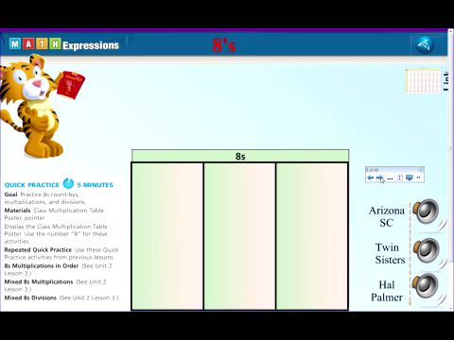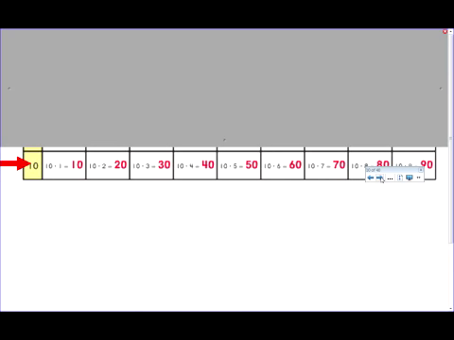Next, besides practicing the square numbers, you need to practice, especially for today's lesson, the tens. So count with me. 1 times 10 is, 2 times 10 is, 3 times 10 is, 4 times 10 is, 5 times 10 is, 6 times 10 is, 7 times 10 is, 8 times 10 is, 9 times 10 is.